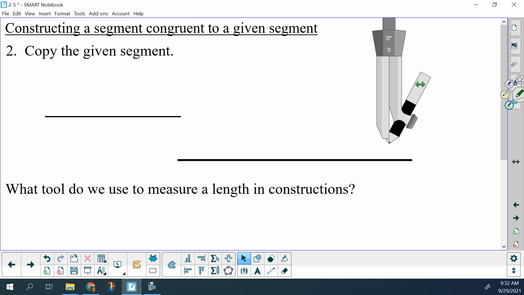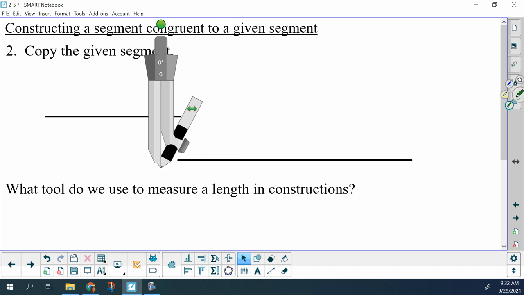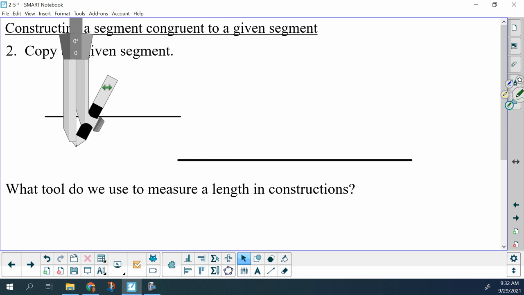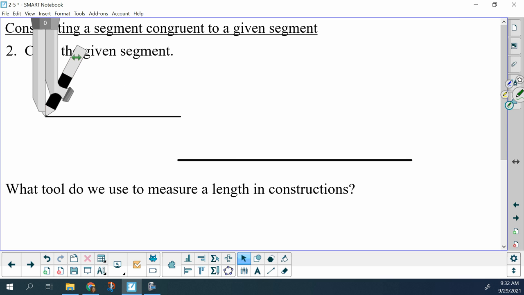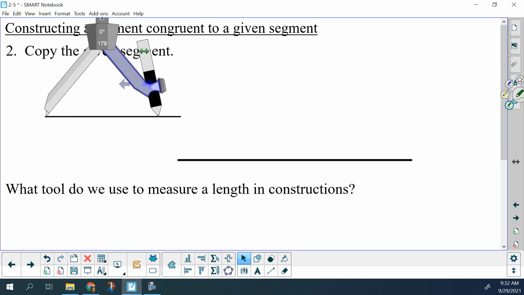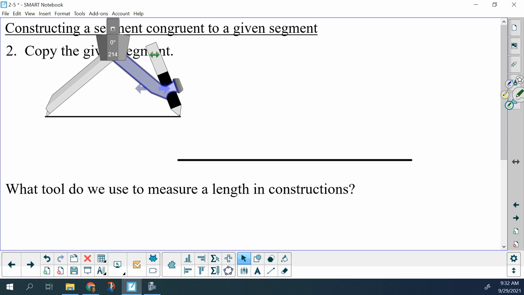Is that working okay, Andrew, or would you like a straight edge? Okay. Now you are going to take your compass, and your compass is now your measuring tool. Put the tip on the end and open it up so it goes all the way to the other end. You now have that measurement.